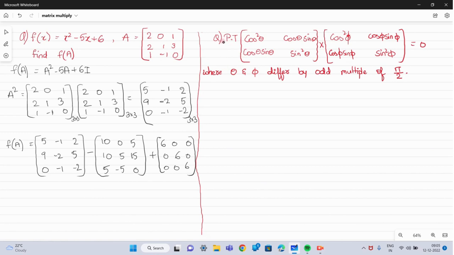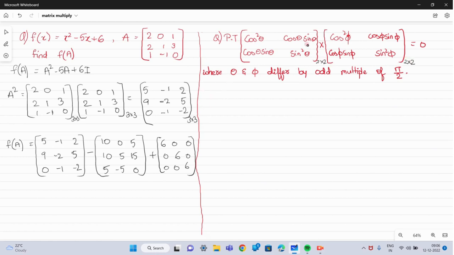Next question. Prove that this matrix multiplication is equal to 0, where theta and phi differ by an odd multiple of pi by 2. First, let's multiply, because the order is 2 cross 2 and 2 cross 2, so matrix multiplication is possible.